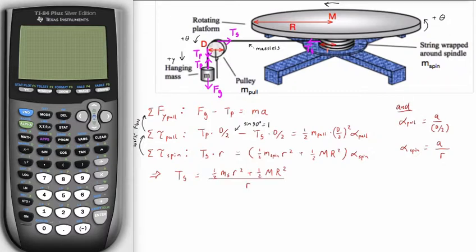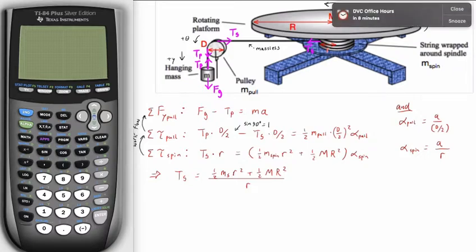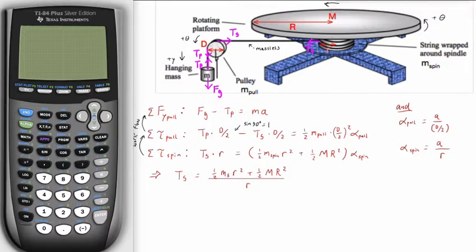And then that's going to be multiplied by alpha spin, which is going to be a over little r. Okay, like so. So we can see then that what's going to happen is this is going to cancel. We're still going to have the big R left in the equation, but we can clean that up a little bit.